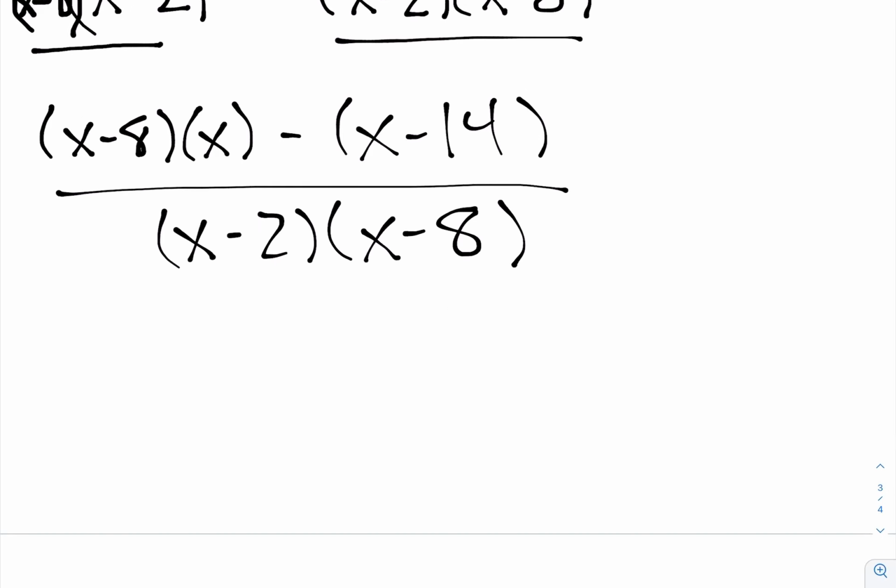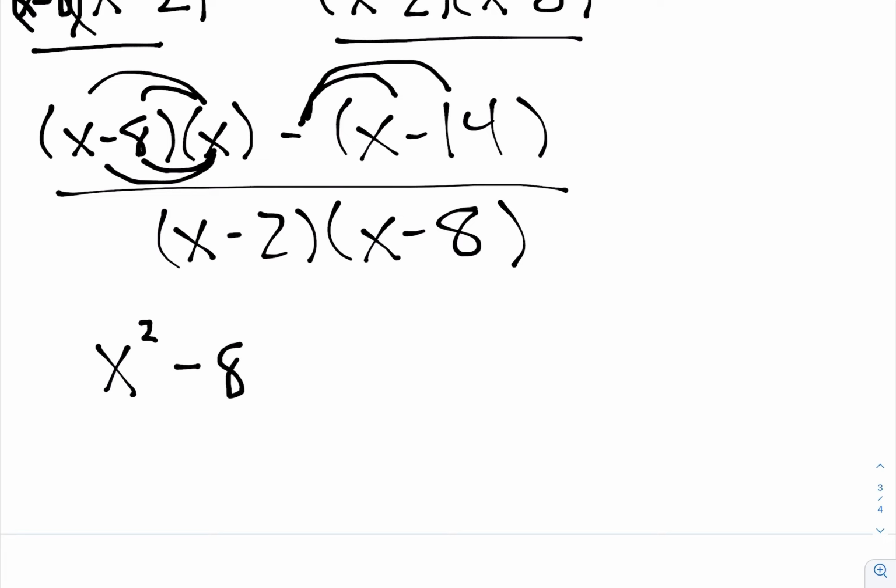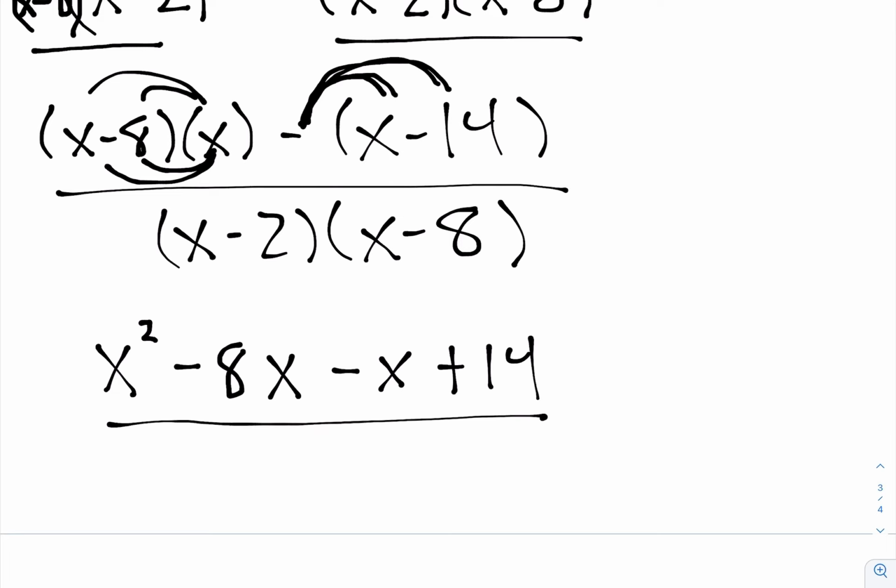So now let's distribute this x into the x minus 8, and let's distribute this negative into the x minus 14. So over here, x times x is x squared. X times negative 8 is negative 8x. Negative 1 times x is just negative x. Negative 1 times negative 14 is positive 14. And we have that divided by x minus 2 times x minus 8 on the bottom there.